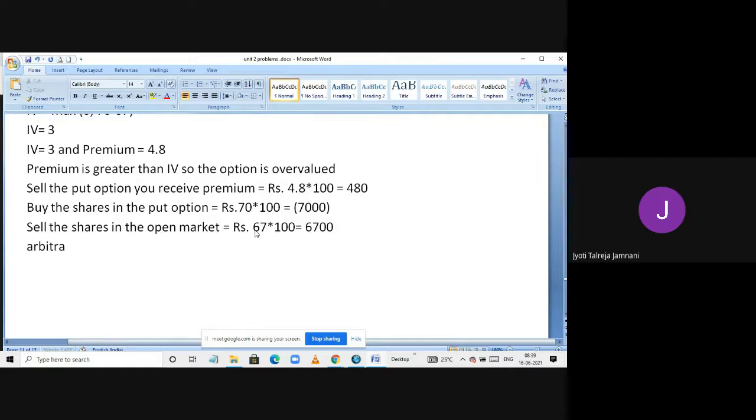So arbitrage gain is equal to, see, 6,700 plus 480, it is 7,180 minus 7,000, so the gain will be 180. All of you getting this? Is that okay, all of you?